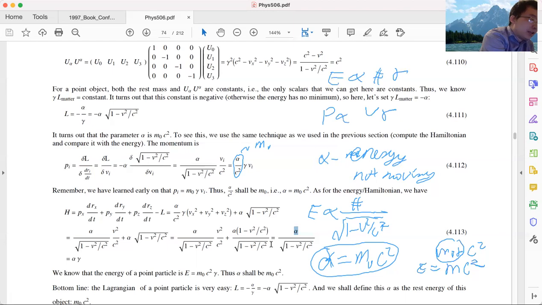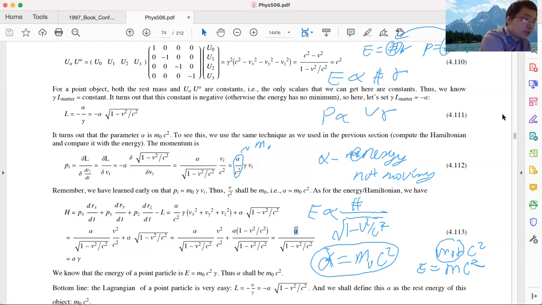More precisely, energy is some number times gamma, and momentum is some number times velocity times gamma. These two numbers are related with each other, and the ratio between them is c squared.